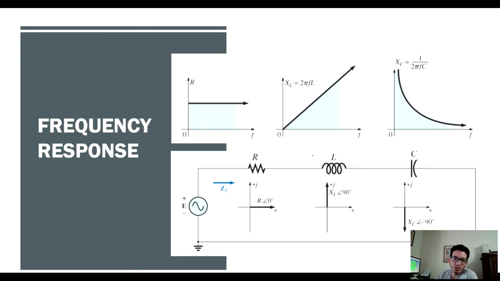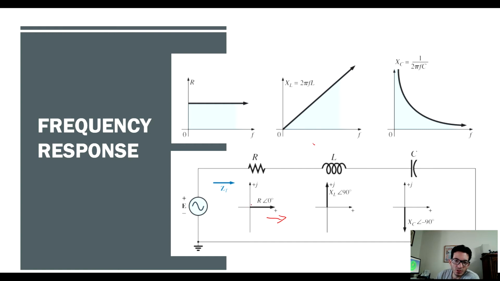Remember that if you were able to draw the response, the reactance of the passive elements, the common ones such as resistor, inductor, and capacitors, you would have on the x or horizontal axis, the real components, and the vertical or y-axis, you're going to have the imaginary components.